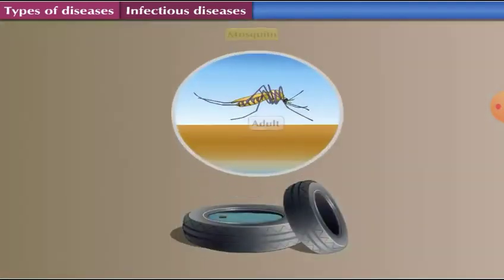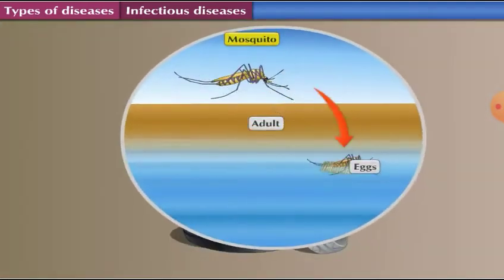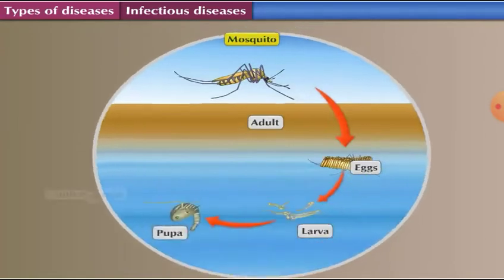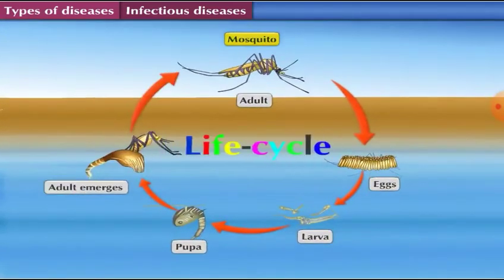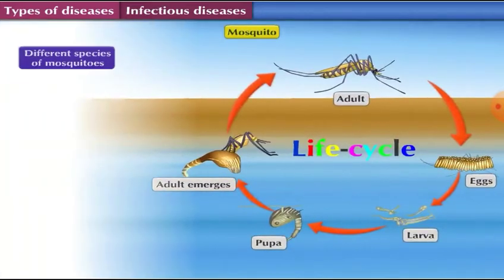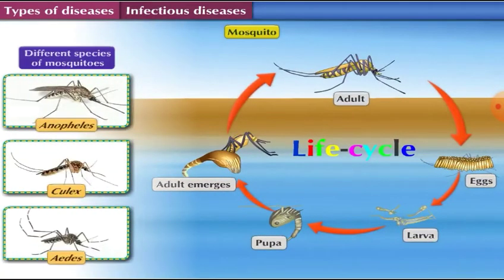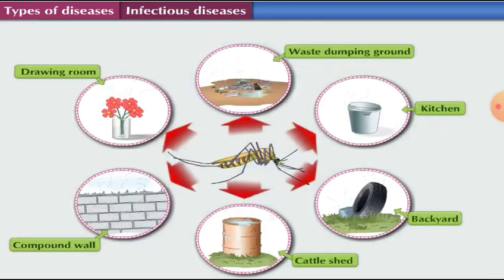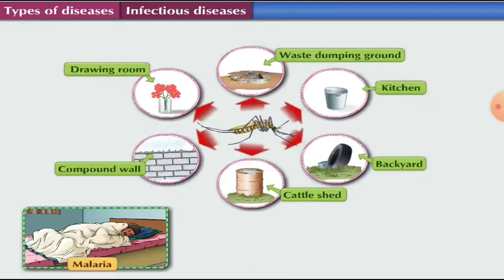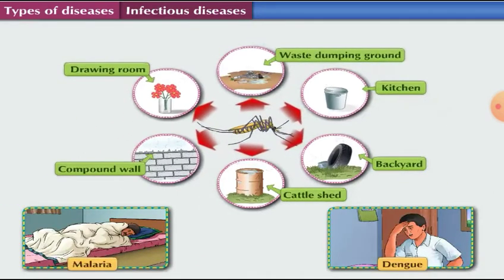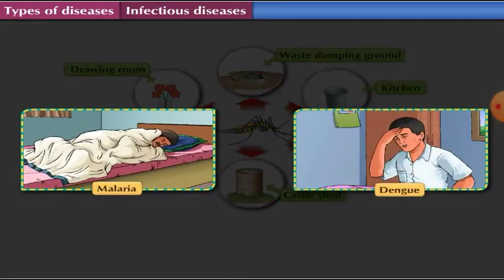We know that mosquitoes lay their eggs in waterlogged places and thereby their population increases. Different species of mosquitoes spread different diseases. Therefore, diseases like malaria and dengue can be anticipated. Come, let us learn about these diseases in detail.